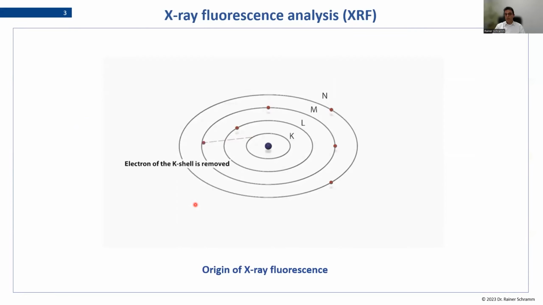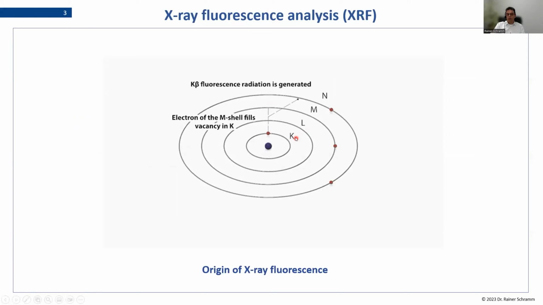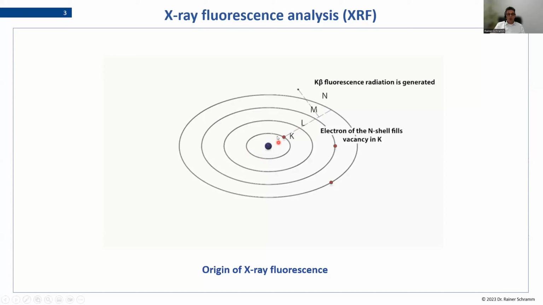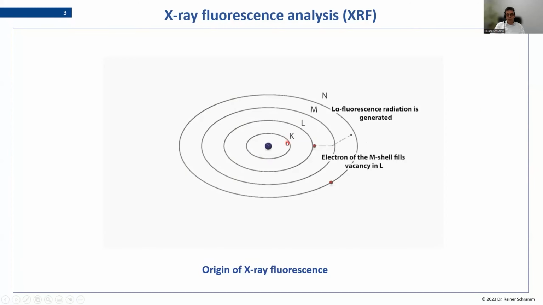We would like to look into X-ray fluorescence analysis, so we have to understand how this works. The basics here is that if we have an atom and you irradiate it with X-rays, then, when we are lucky, one of the inner shells becomes ionized. That means an electron is leaving and an electron from a higher shell is filling up the gap. Depending on the element itself, there is a probability of how much fluorescence is then created.